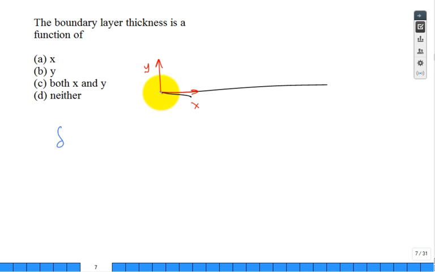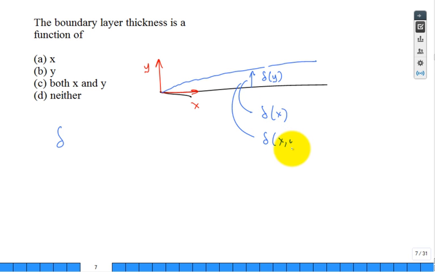And we really have this, a lot of times dashed, and they're drawing this delta, right? Would it be more appropriate to say delta is a function of y? Or would it be appropriate to label this and say delta is a function of x? Or would it be appropriate to label it and say delta is a function of x and y?